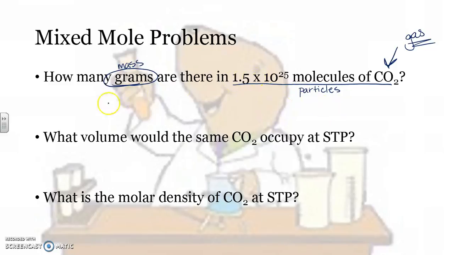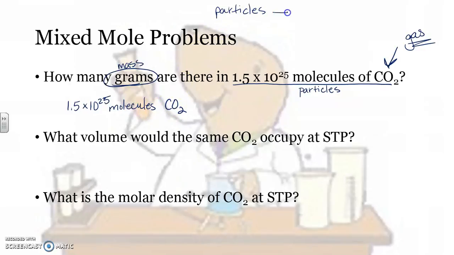If I have 1.5 times 10 to the 25th molecules of a gas, to get from molecules to grams, you guys know how to do this, right? All we have to do is go from molecules to particles to moles.